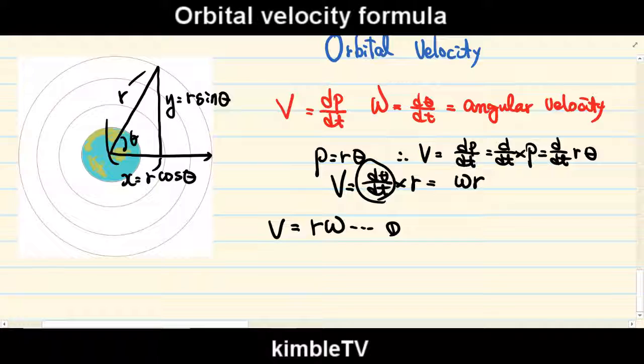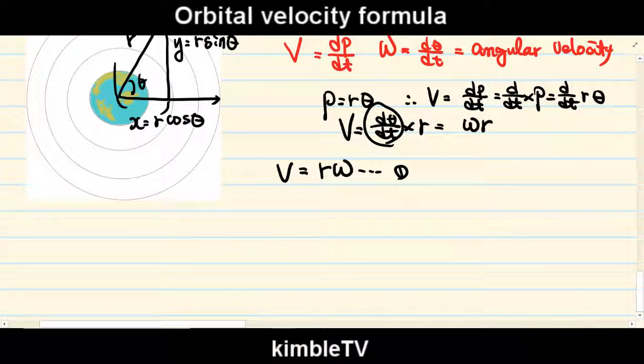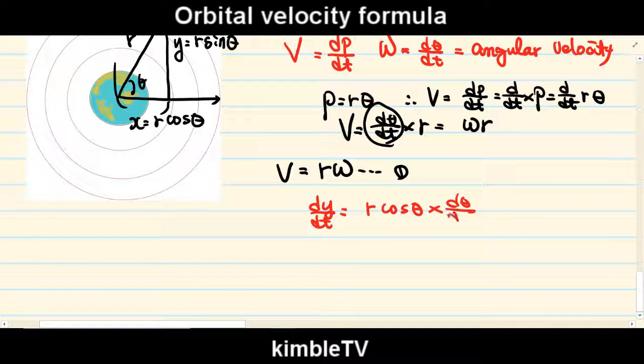And let's find its derivative with respect to time t. dy on dt equals r cos theta times d theta on dt. Sin theta was changed into cos theta. And this is omega, therefore r omega cos theta.